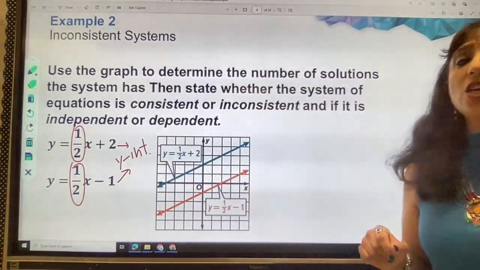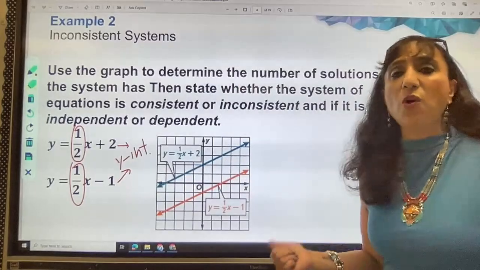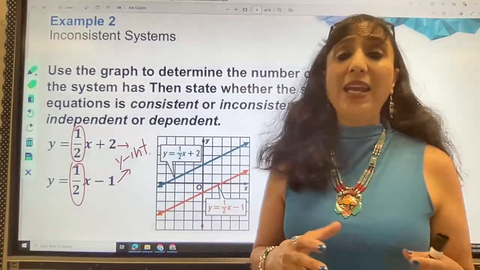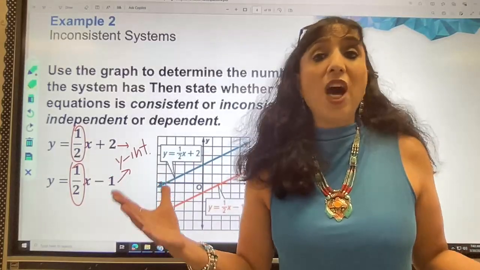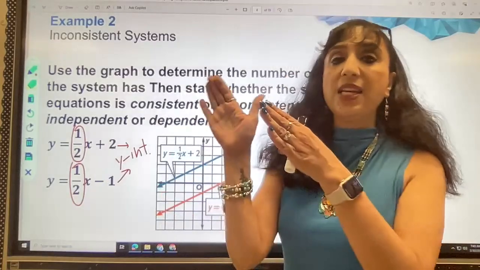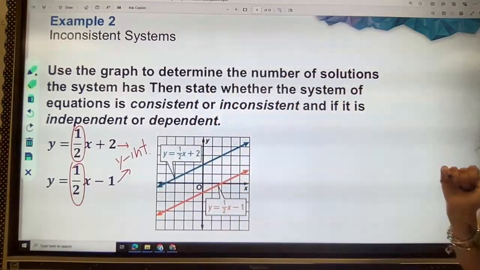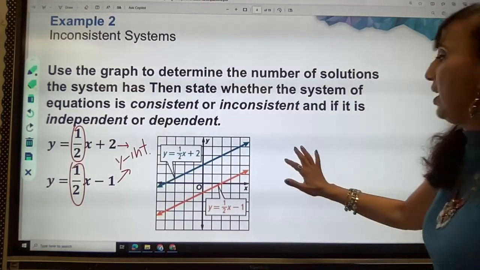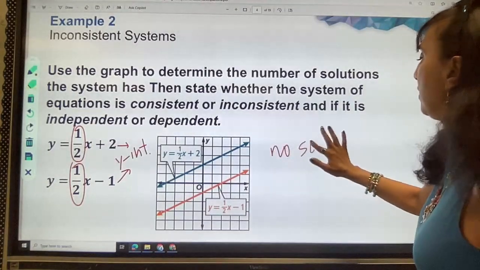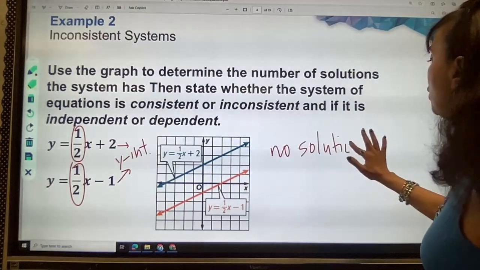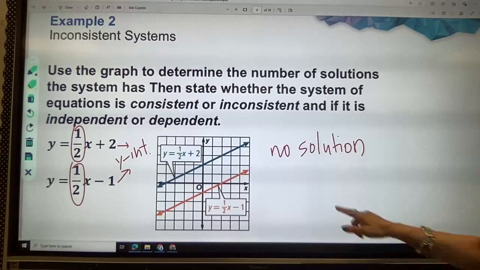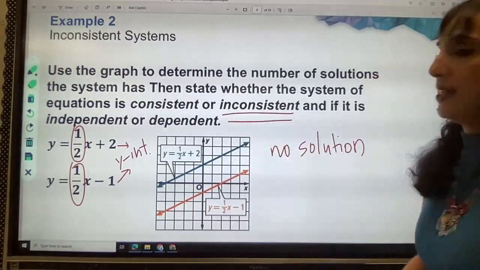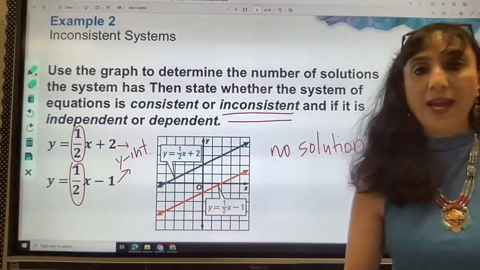Because they have the same slope and different y-intercepts, I am getting parallel lines, and parallel lines do not intersect. They go on continuously. So because they are parallel, there is no solution, and therefore the system is inconsistent. Okay?